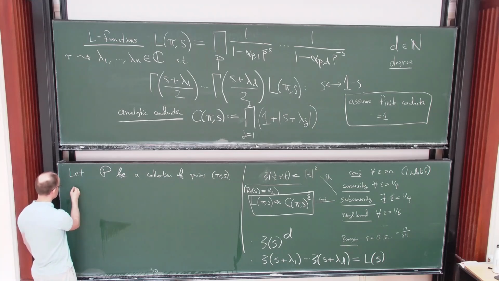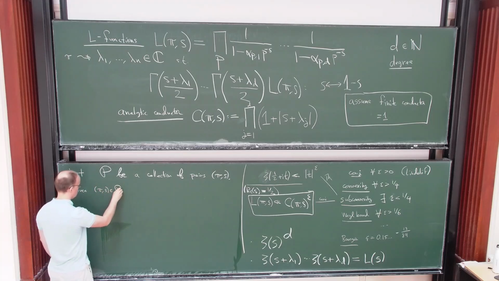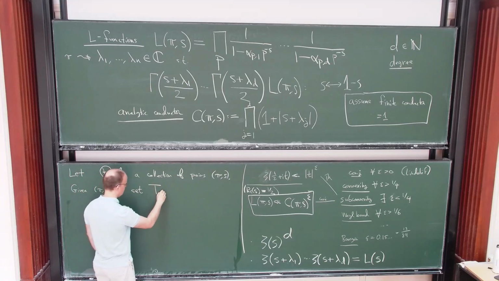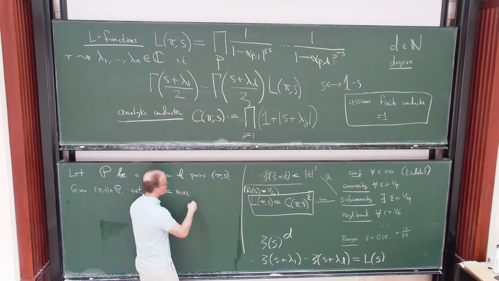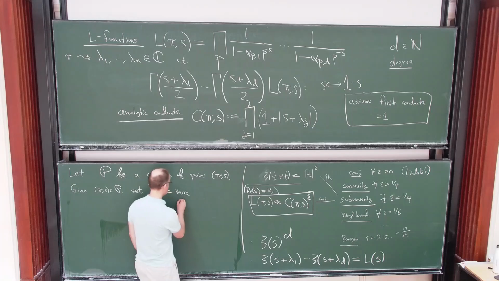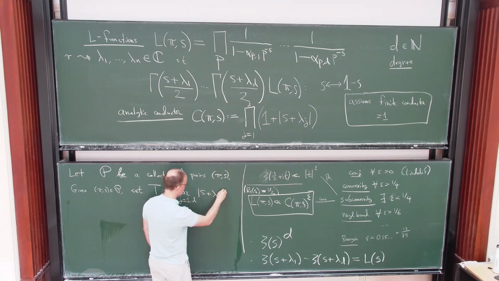So, given pi and s in P, let's set T to be the largest of the numbers that show up here in the definition of the conductor. So the maximum over j ranging from 1 through d of these numbers.